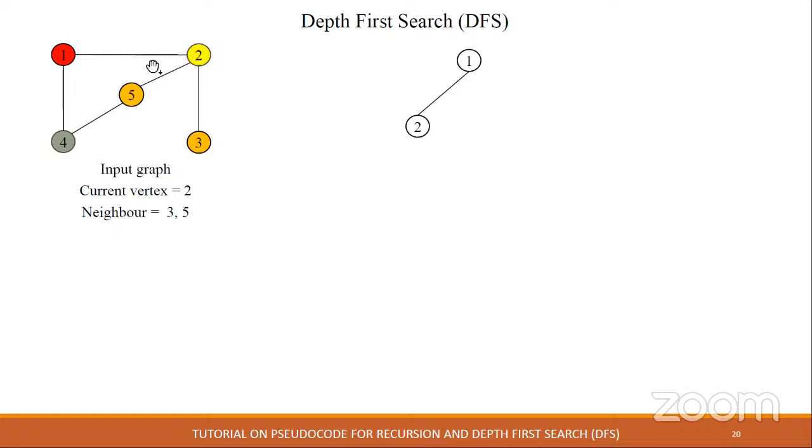But for 2, there are now 2 known entities, which are 3 and 5. 1 is gone because 1 is something which we have done with and moved away from. We might come back to 1 if required, but at this point we have moved away from 1. So 1 is done. From 2 there are 2 possibilities.